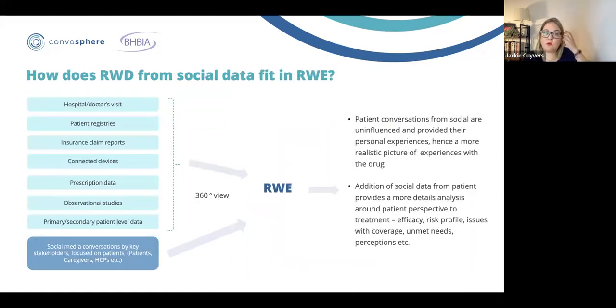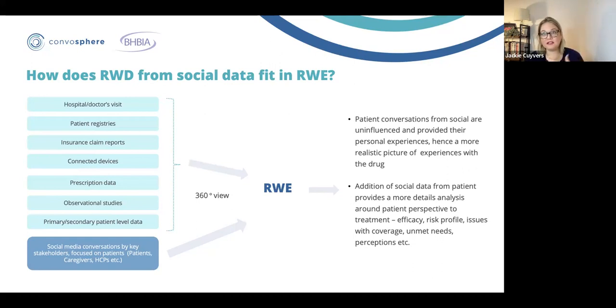So how does real-world data from social data fit in real-world evidence? So the first thing to note is social data, or as we refer to this in the title, big data, is online conversational data. So these are unsolicited conversations that patients are having, whether that's peer-to-peer, talking to other patients in a patient forum, or it's happening on a subreddit, or they're sharing their diagnosis on Twitter, or a public-facing Facebook group, or public-facing Instagram profile.